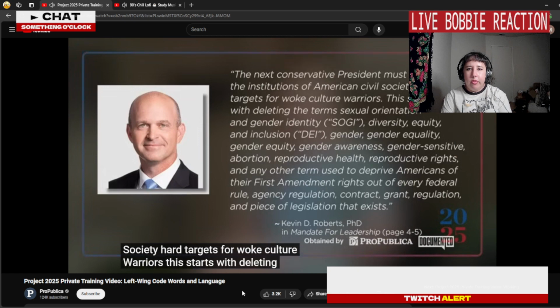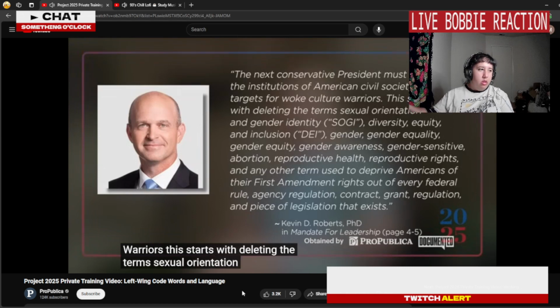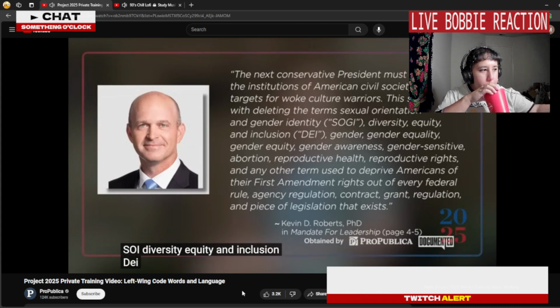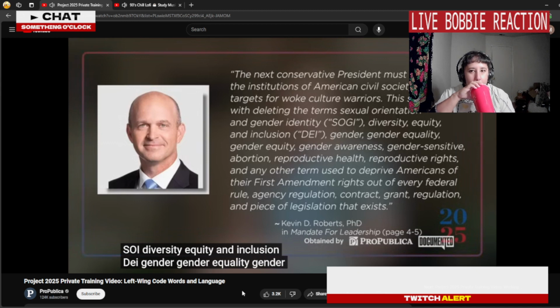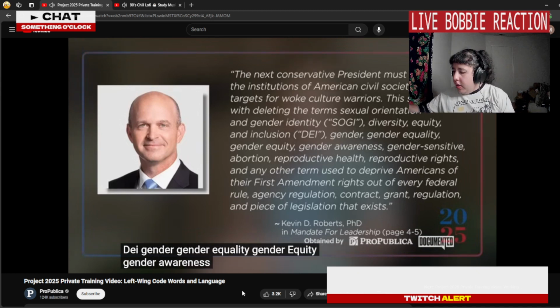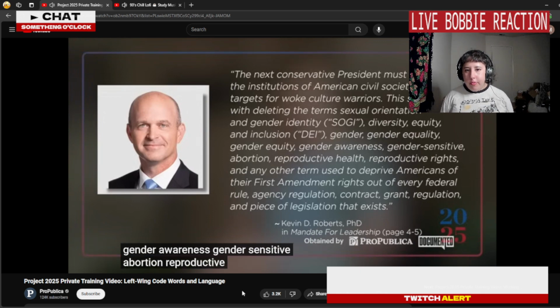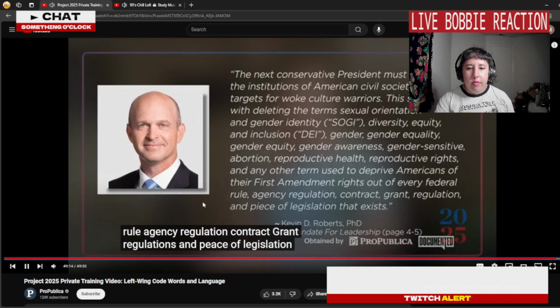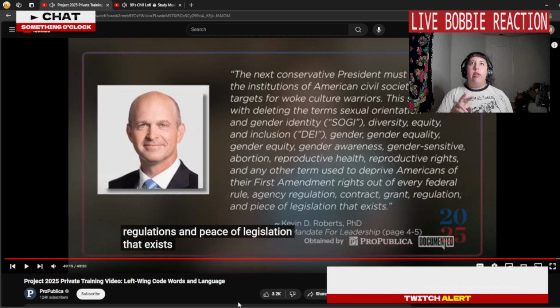This starts with deleting the terms sexual orientation and gender identity, SOGI, diversity, equity, and inclusion, DEI, gender equality, gender equity, gender awareness, gender sensitive, abortion, reproductive health, reproductive rights, and any other term used to deprive Americans of their First Amendment rights out of every federal rule, agency regulation, contract, grant, regulations, and piece of legislation that exists. So, two things are important here.